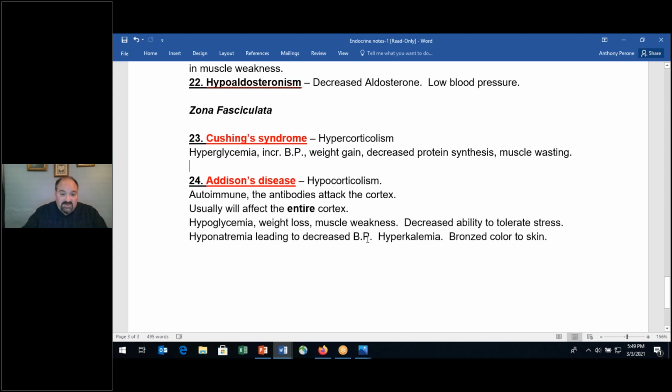Hyponatremia, leading to decrease in blood pressure, along with changes in sodium, calcium and potassium levels, and bronze color to the skin. It looks like someone has a suntan when it's not from being out in the sun, but a result of what's going on with melanin production, a symptom and a sign of Addison's disease.